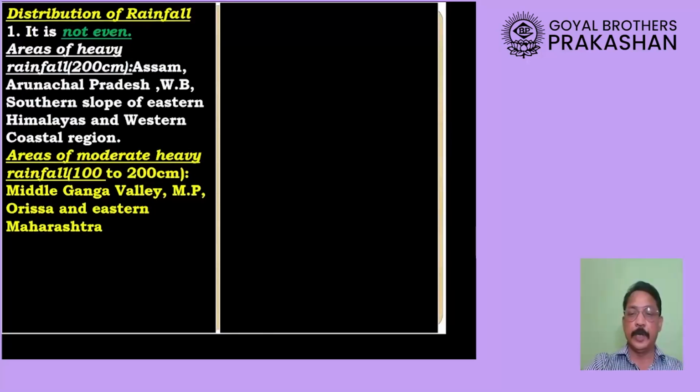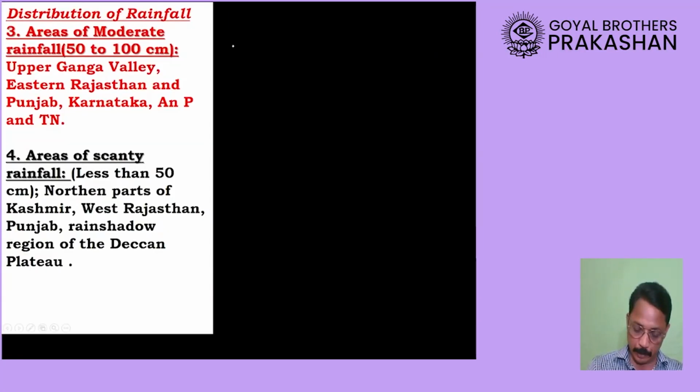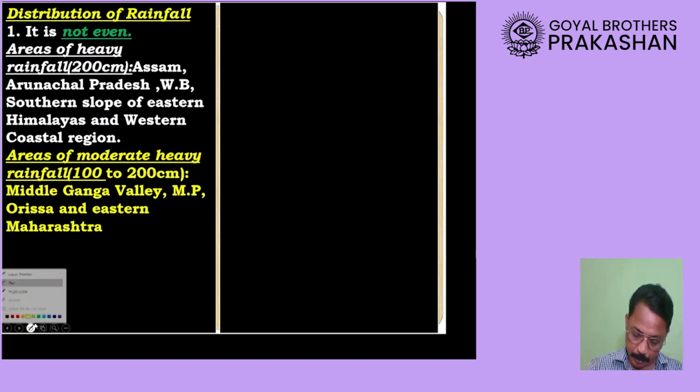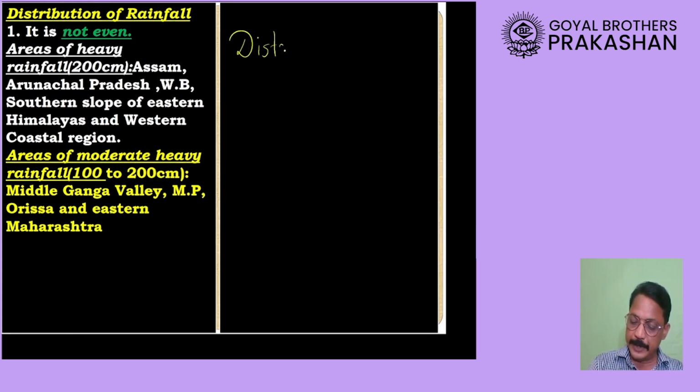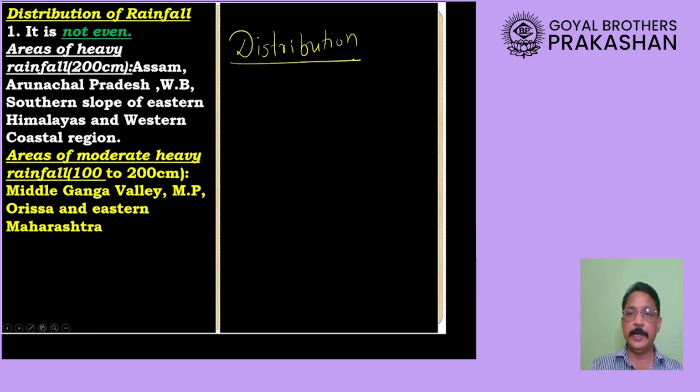Now let us look at the distribution of rainfall in India. Please understand one very important thing: rainfall in India is not distributed equally. Can you think why it is not distributed equally? Yes, you are right. The reason is Kerala is the first one to receive rain.